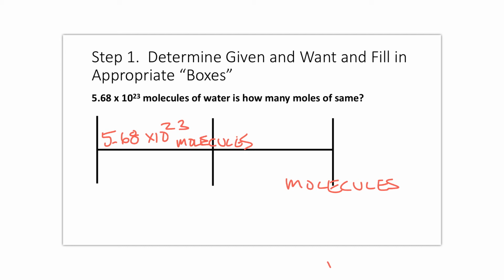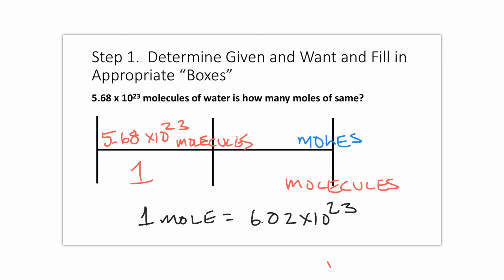And then, what are we trying to find? We're trying to find moles. And then don't forget to put this over 1. All right, so now we've got all the stuff that we need. Remember, we have the 1 mole equals 6.02 times 10 to the 23rd molecules.